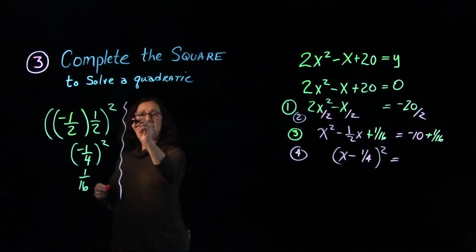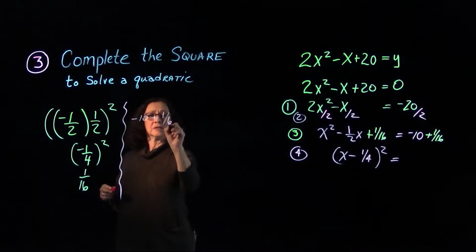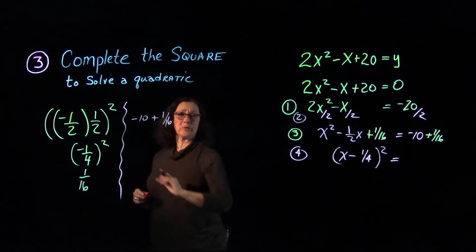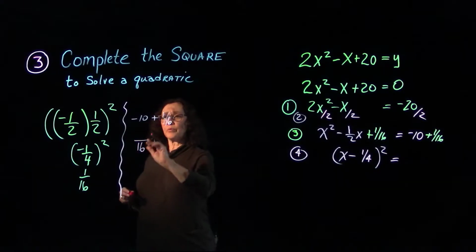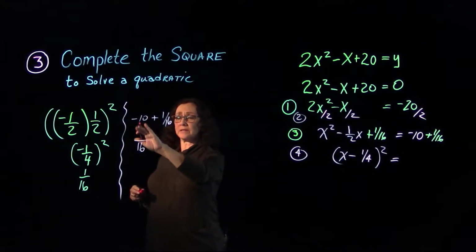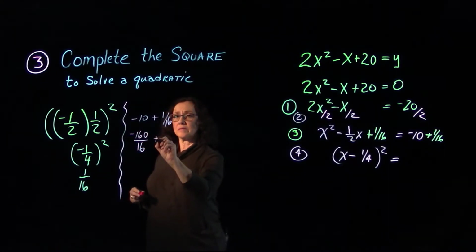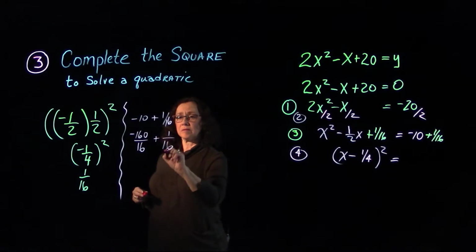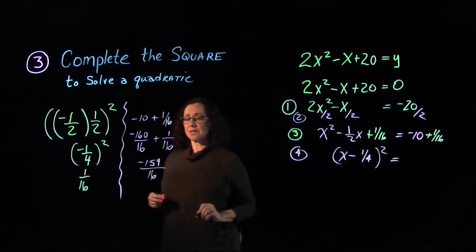We have a negative 10 plus 1/16. In order to combine these, they both need the same denominator. So in order for a 10 to have a denominator of 16, I have to multiply this by 16. And that gives us a negative 159/16.